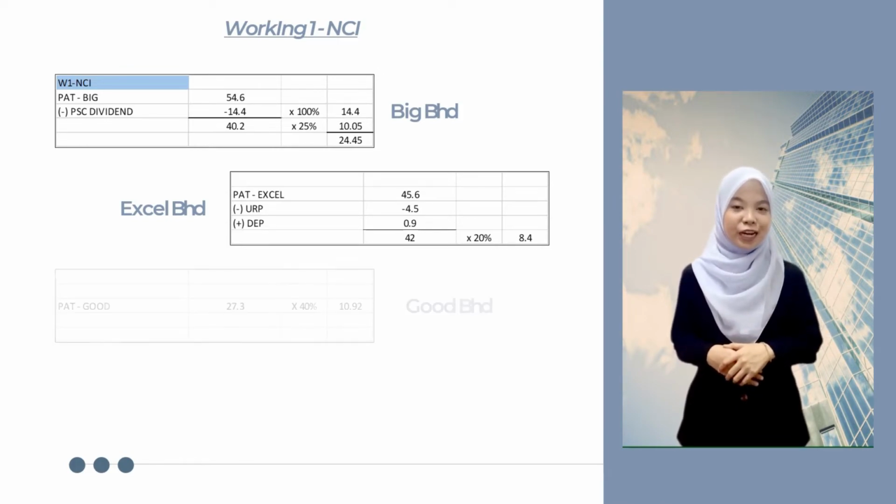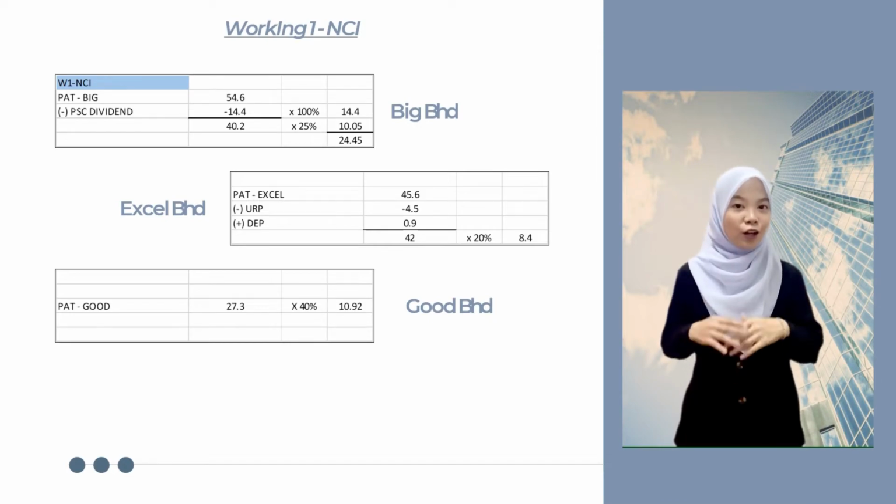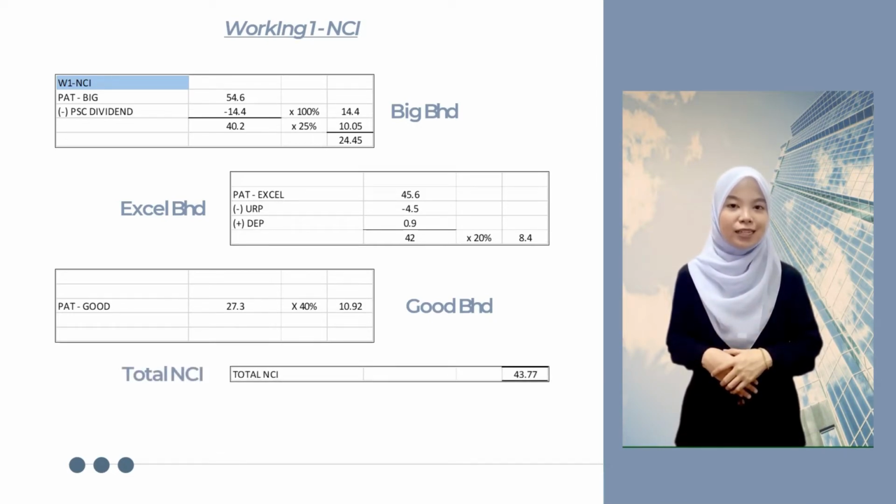Lastly, Good Berhad's PAT of 27.3 million, which is not affected by any adjustment, will be multiplied with its NCI portion of 40%. Thus, the NCI of Good is 10.92 million. All of these NCI portions are added, resulting in a sum of 43.77 million.